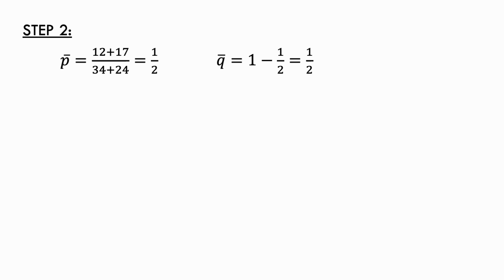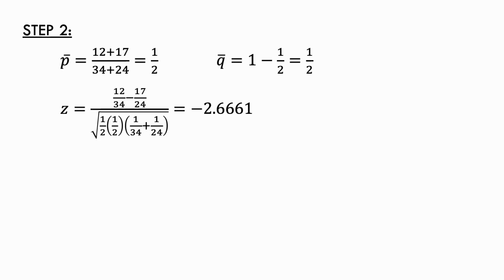Now, we can proceed to finding the z value or the test statistic. So z now is equal to 12 over 34 minus 17 over 24, so that is your p hat 1 minus p hat 2, divided by the square root of 1 half times 1 half times 1 over 34 plus 1 over 24. So that's your p bar q bar times 1 over n1 plus 1 over n2.